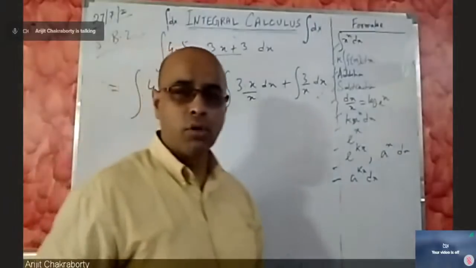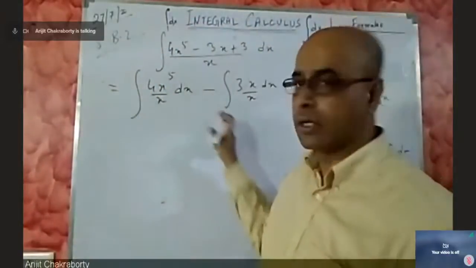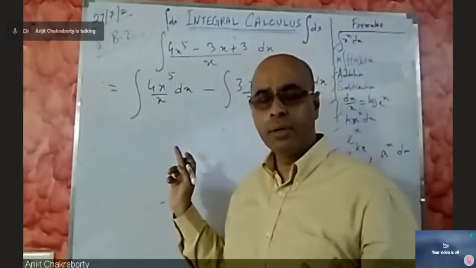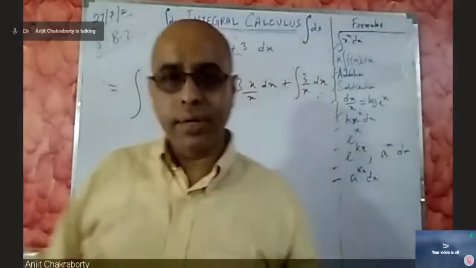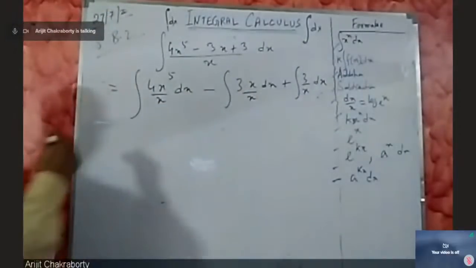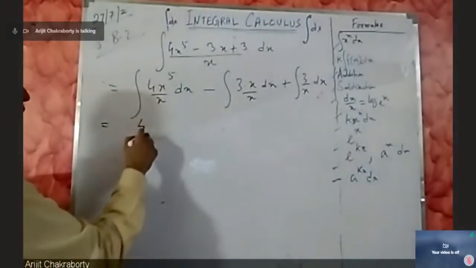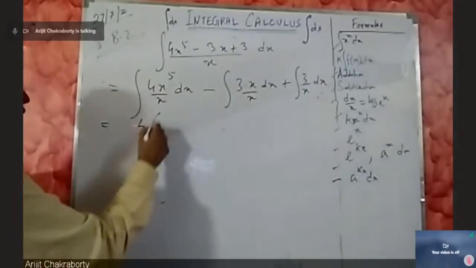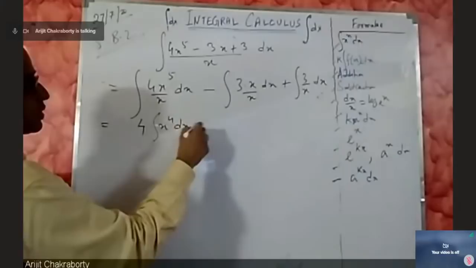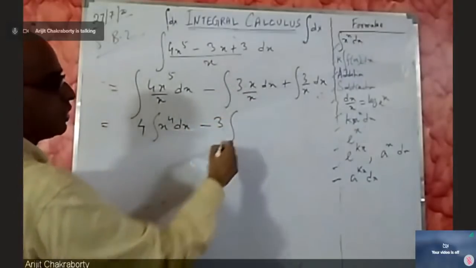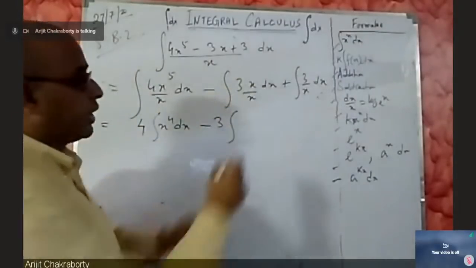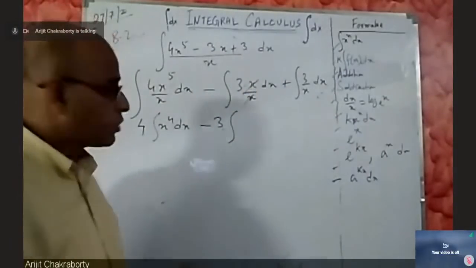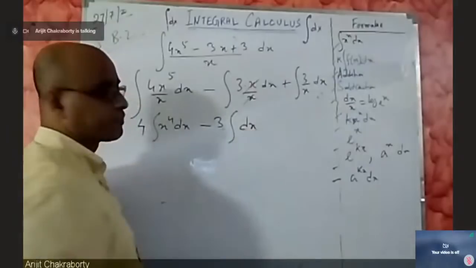So students, I hope that you are clear with this particular step. No confusion, no doubts. So therefore, we go directly. We are getting 4 will come out. So x to the power 5 by x gives me x to the power 4 dx. Minus 3 comes out. x cancels with x, so you have only dx.